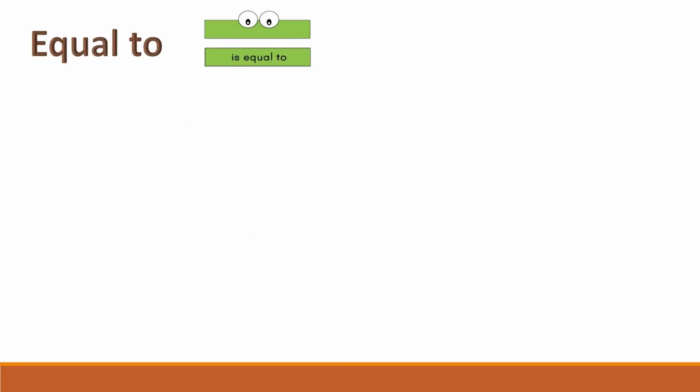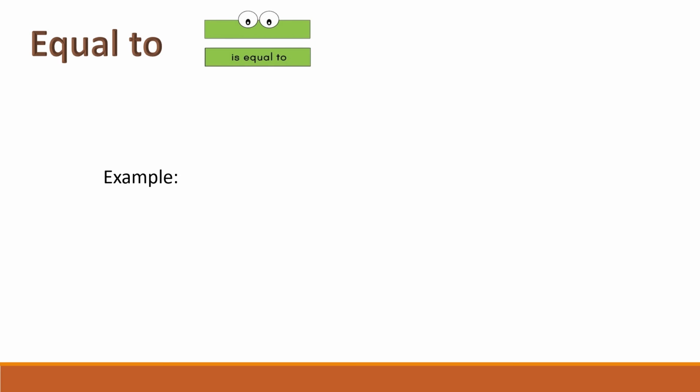Now the next symbol is equal to. Equal to symbol means in this symbol the crocodile mouth should be closed. If the two numbers are equal, the crocodile doesn't know which side to go, because the crocodile always goes to the bigger side only, so it will stay in the middle.